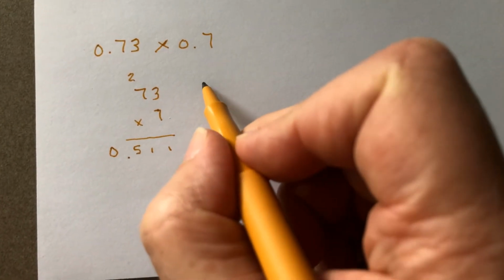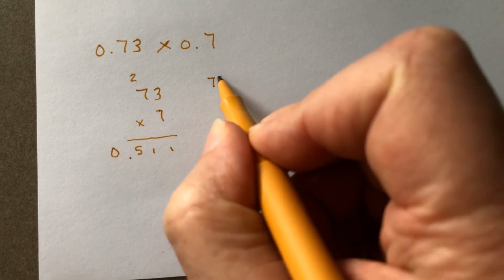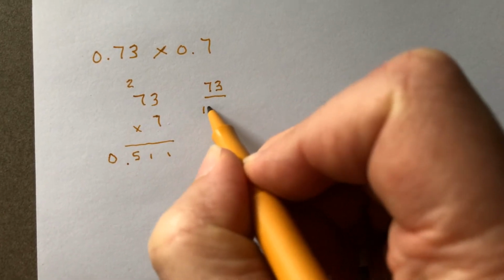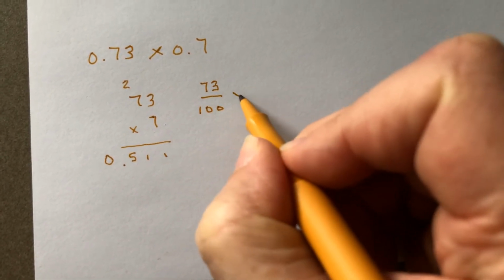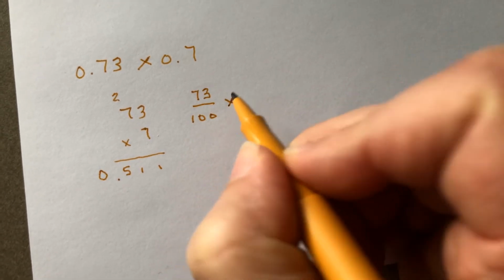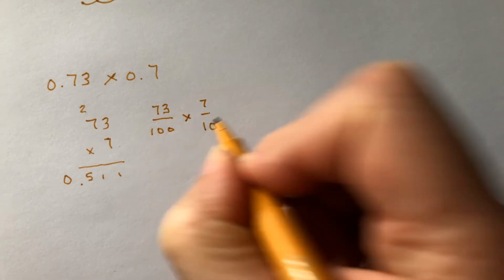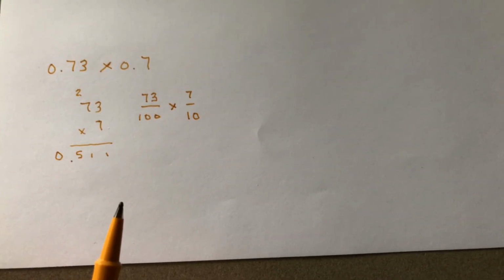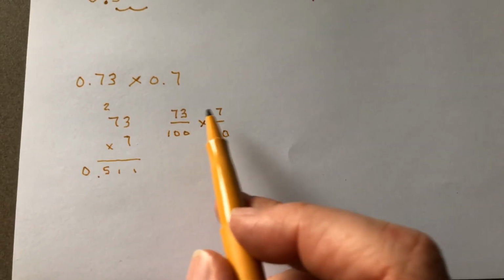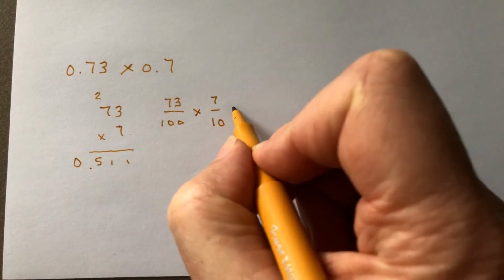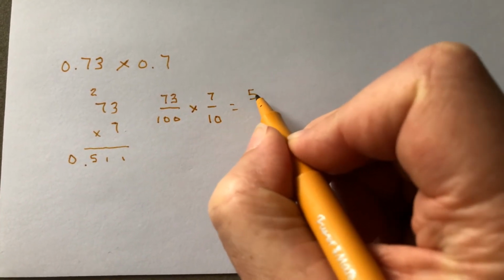thousandths. If we wrote this as fractions, we'd have 73 hundredths times 7/10. And then you would multiply 73 times 7, which equals 511.